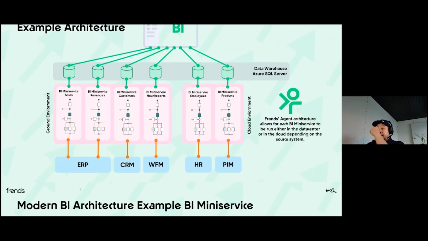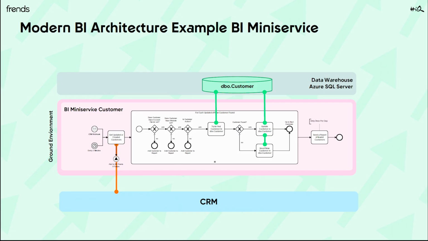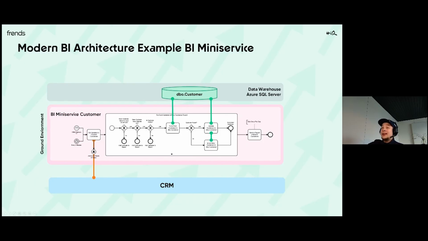Perfect. So going a little bit deeper into an example on this BI mini service ideology, typically what this business intelligence mini service might look like on Frends is, of course, we utilize that low code aspect of Frends to define and describe the mini service in a process-based approach using the BPMN 2.0 notation, which we can trigger with a webhook from our CRM system.